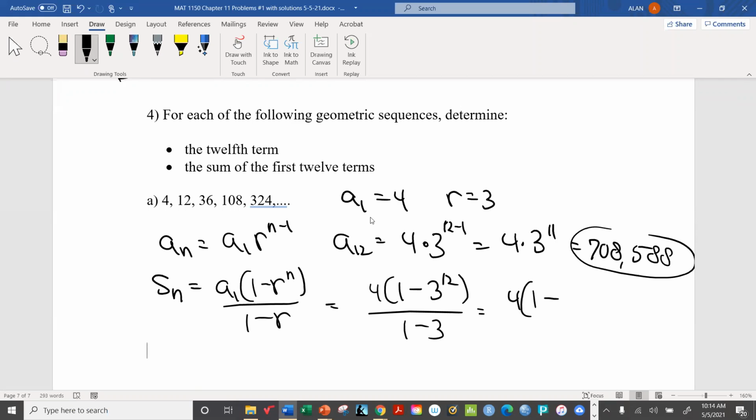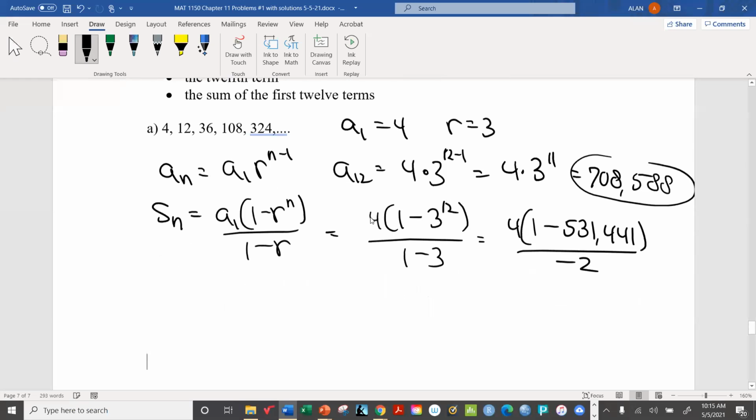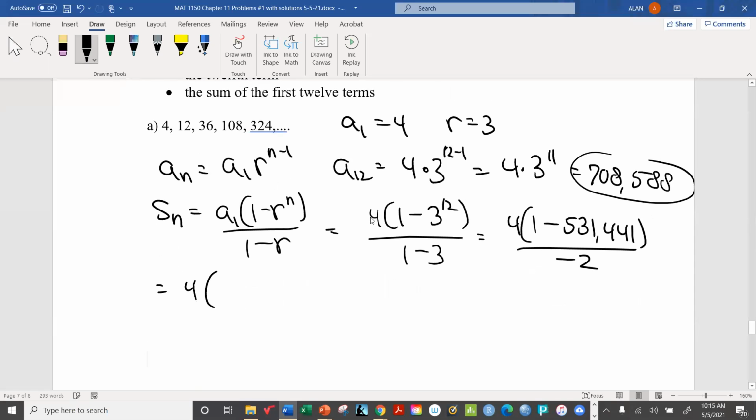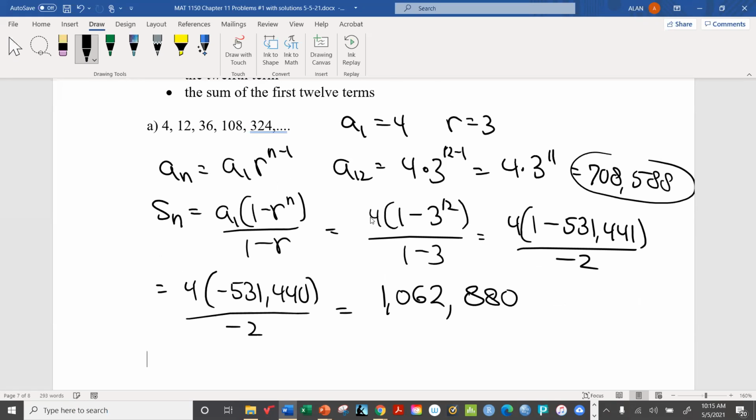We saw that number before, 531,000, just a coincidence. All right, so we'll have, and so what does that end up being? $1,062,880. Okay.